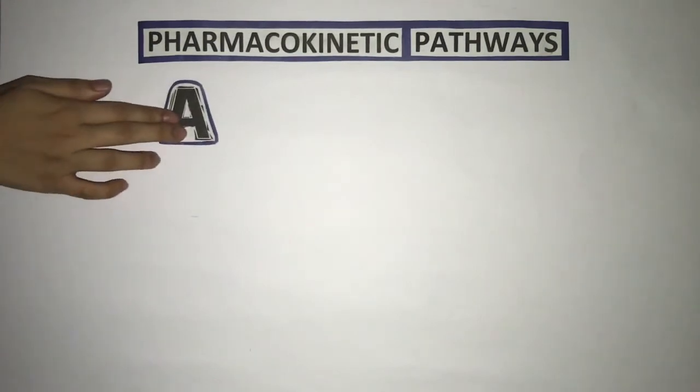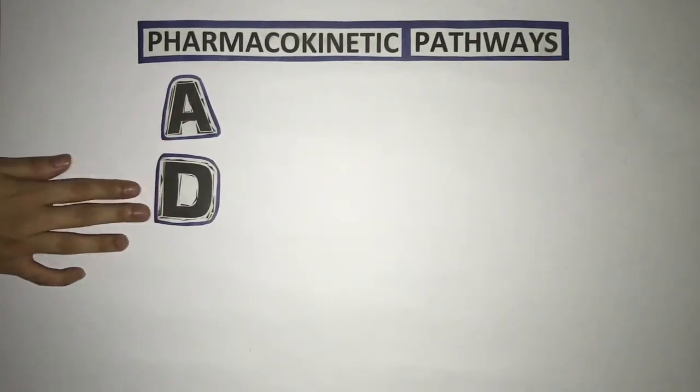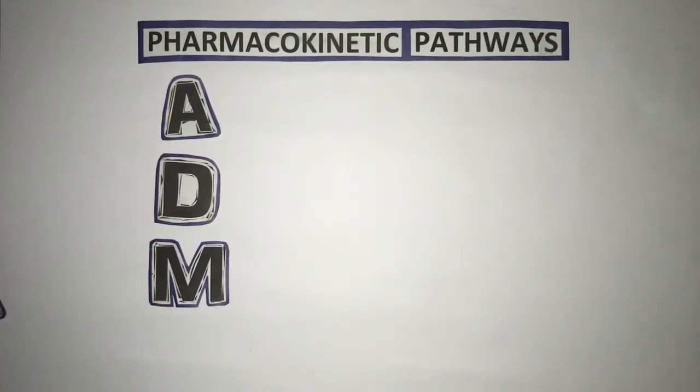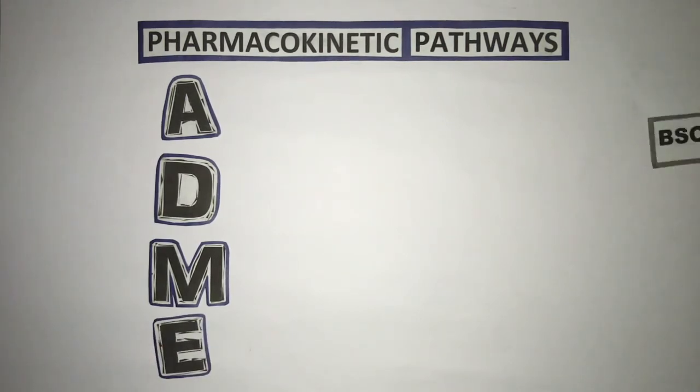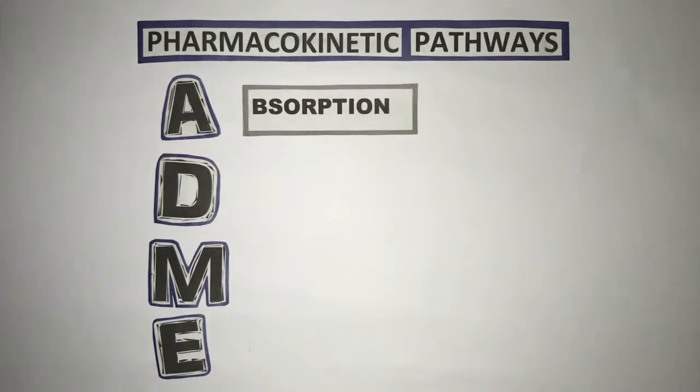Since we are dealing with pharmacokinetics of rectal route, let's have an overview of pharmacokinetic pathways. Absorption, distribution, metabolism, and elimination. Absorption is the transfer of drug from the site of administration to the bloodstream.